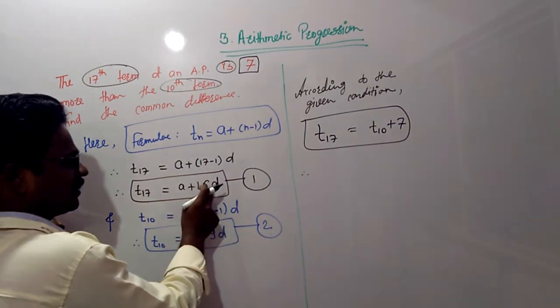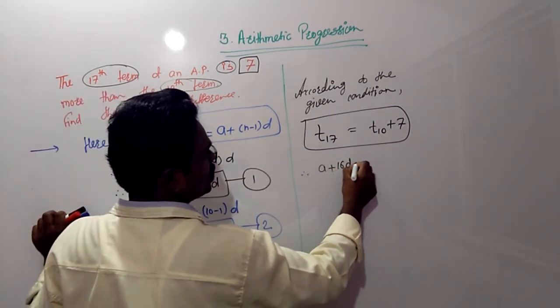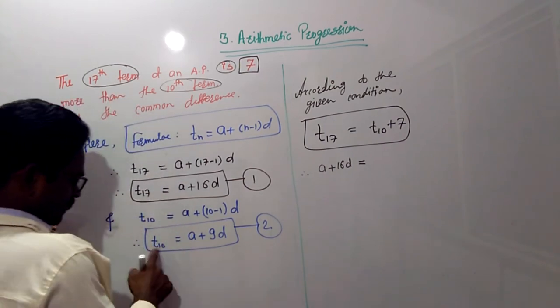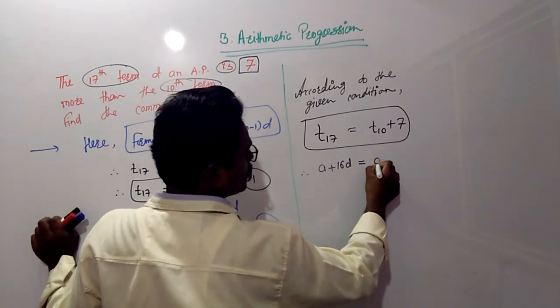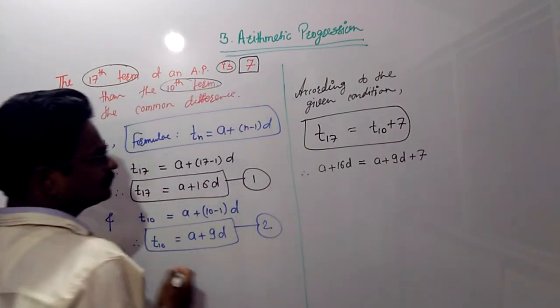T17 is a plus 16d, which is equal to T10, a plus 9d, plus 7.